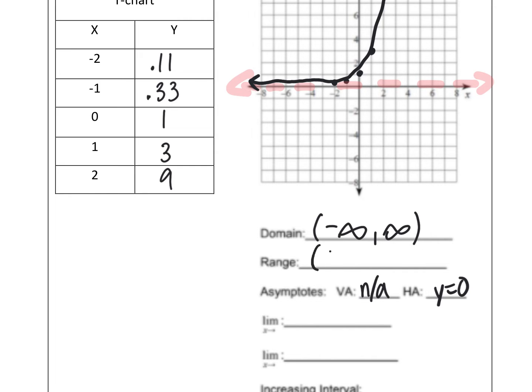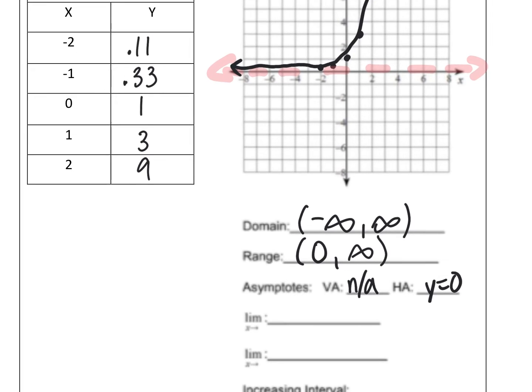But what we can do to define this is put that horizontal asymptote number with an open parenthesis because technically that means we don't equal 0. We'd go from 0 to positive infinity, and that would be the range. So it's always going to be from your horizontal asymptote to infinity. You can see that? So from bottom to top, that's where we're starting and that's where we're going.